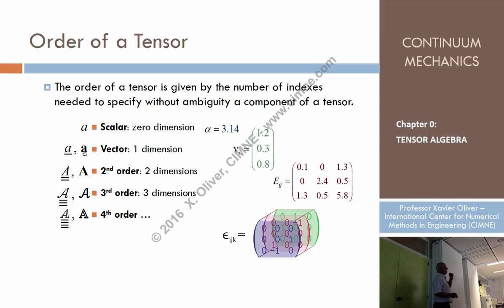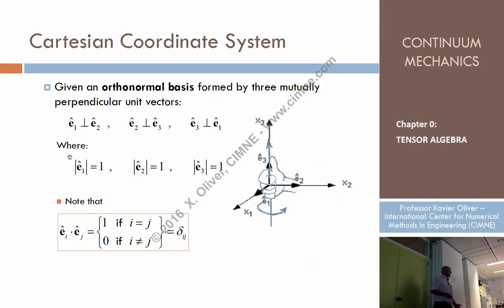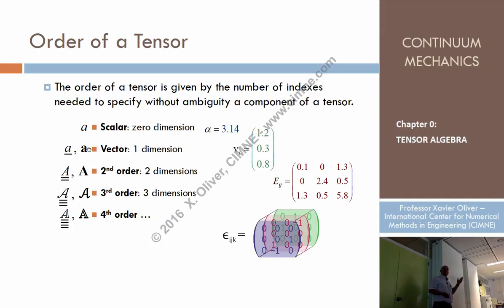But sometimes, when we are writing by hand, then we use a letter underlined with one bar. One bar means one dimension. That is a vector. A letter with an underbar means a vector, because on the blackboard we are not able to write boldface and differentiate them.